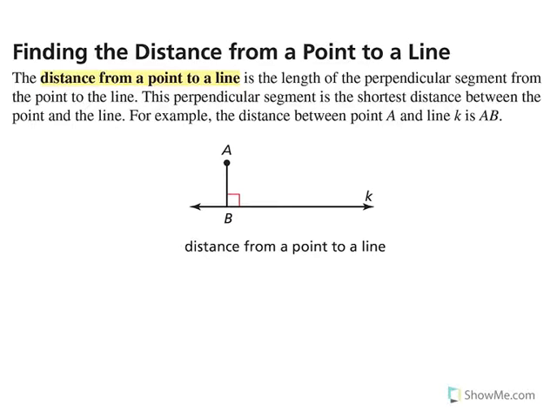That shortest distance, see this AB here, is the shortest distance, and it forms a perpendicular set of lines. It's going to make those right angles. So this would mean that AB is a perpendicular segment to our line K.